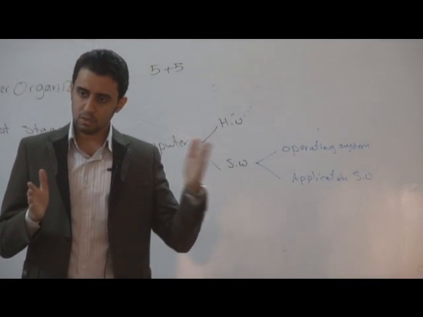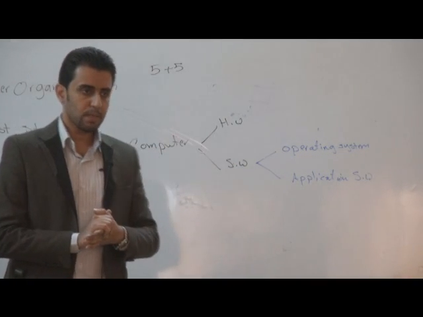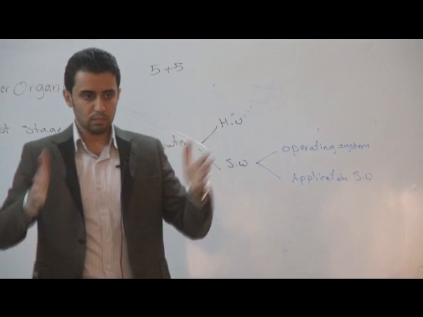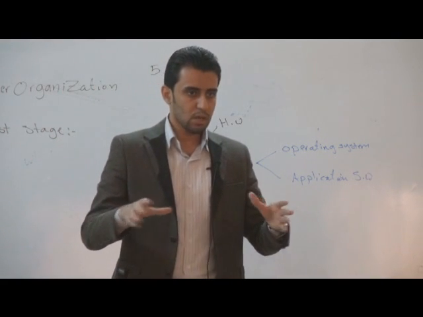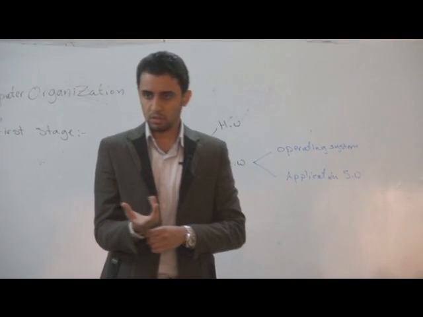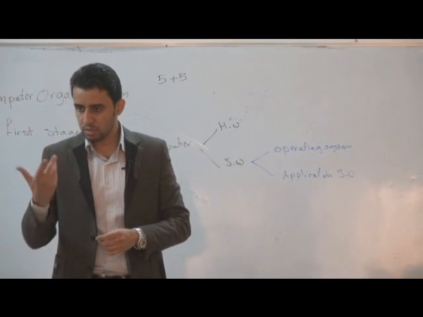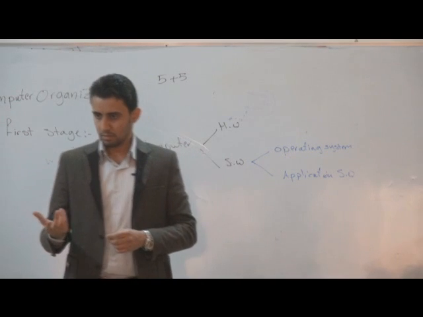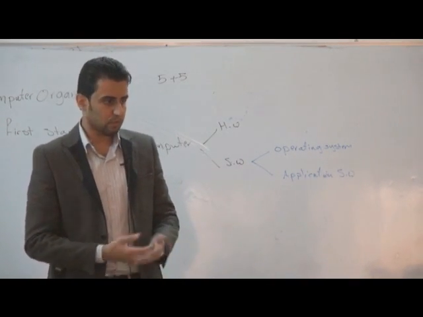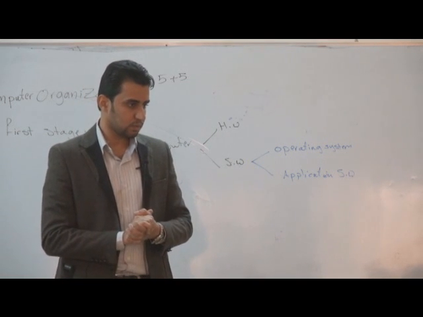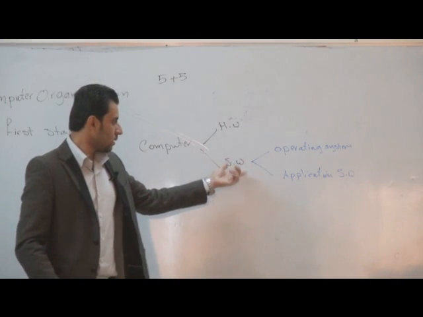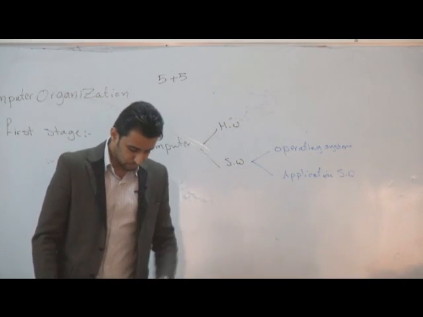Computer science is complementary to computer engineering, because when we have the computer as hardware, as a monitor, case, keyboard, mouse, without an operating system, is it useful? It's not useful, like a human body without a soul. I have a human body, but without a soul, what's the benefit of that body? There is no benefit. So one is complementary to the other.